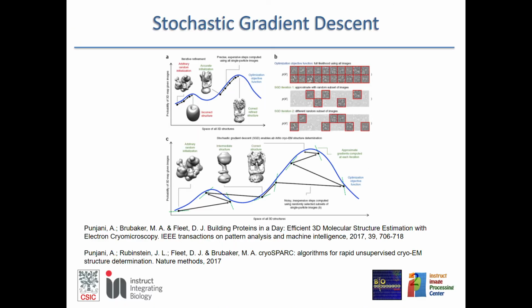And stochastic gradient descent has been one of the latest additions, and the idea is that you can apply any 3D reconstruction algorithm that you like, but not on the full data set, just on a subset of it. And it has been shown to be very successful in getting away from local minima.